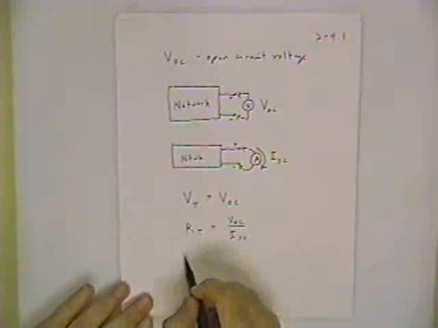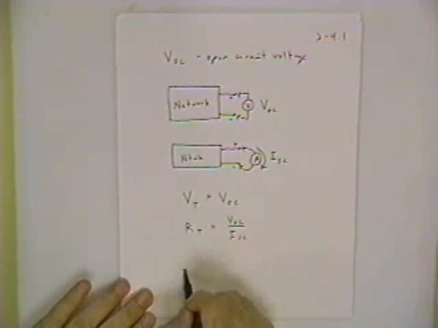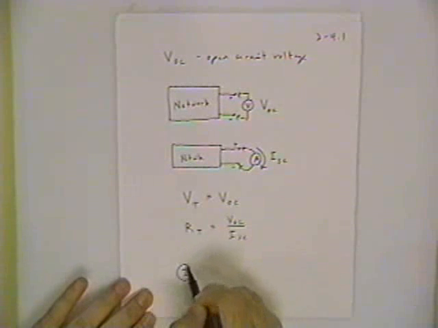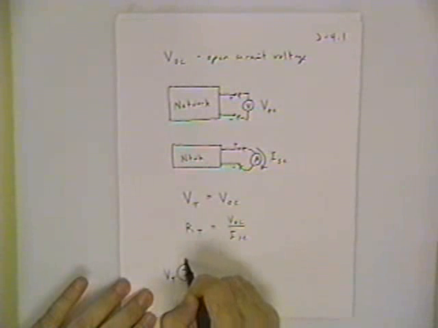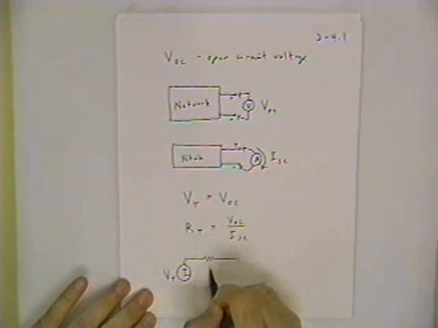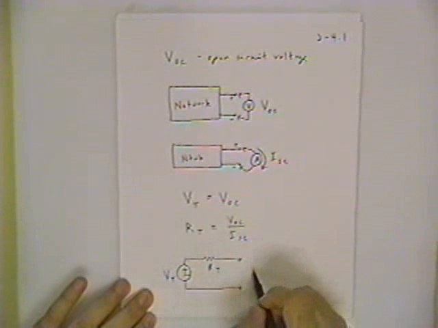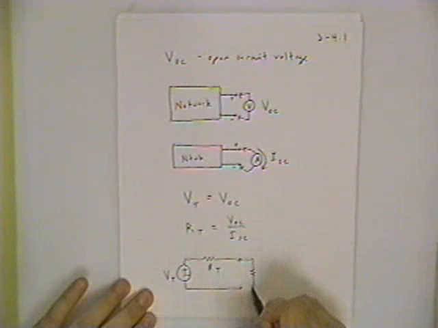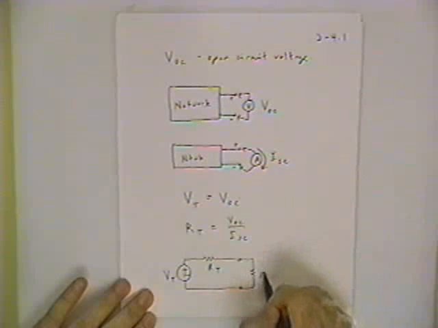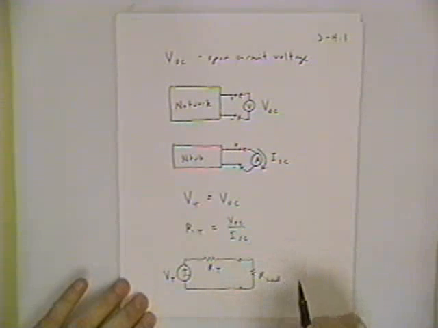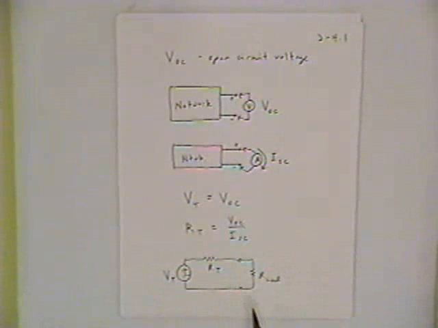And so now we have the two pieces that we need for our Thevenin equivalent model, VT and RT. And we can attach whatever our load resistor is here and complete the calculation.